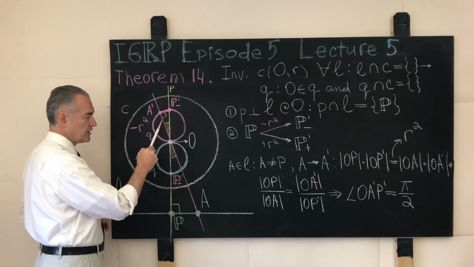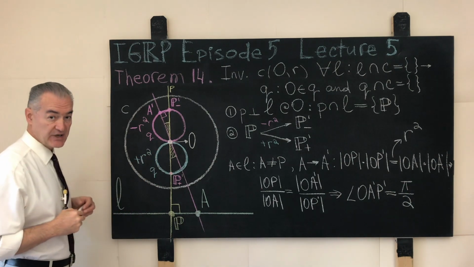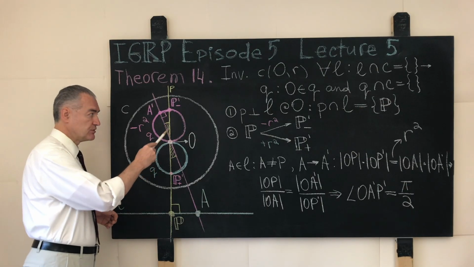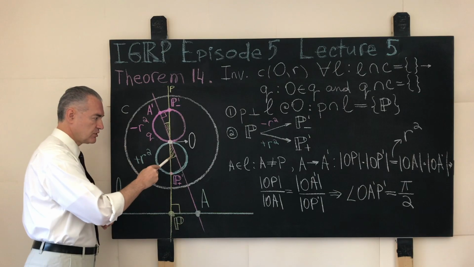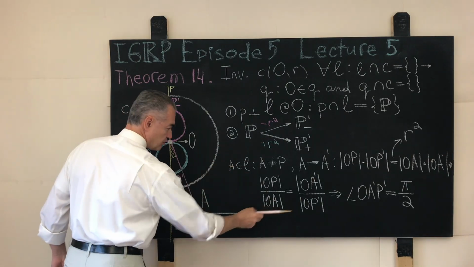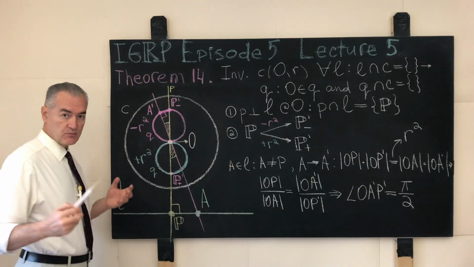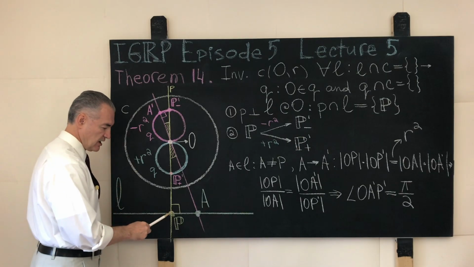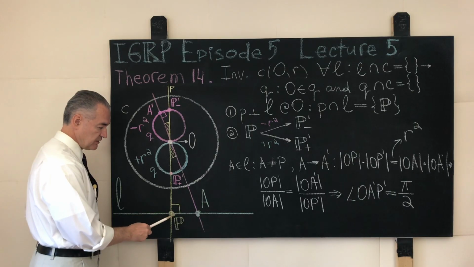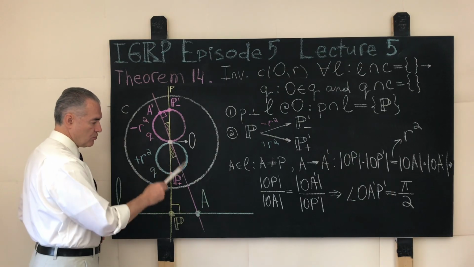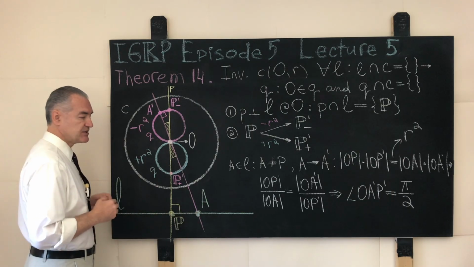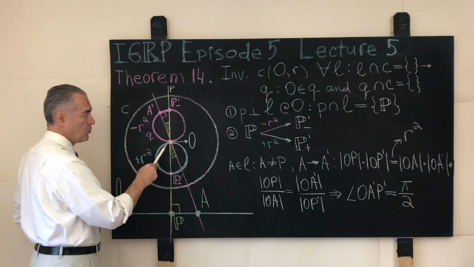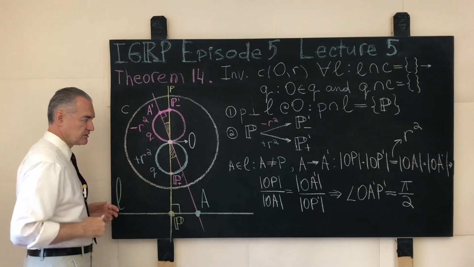So in these two triangles, the magnitudes of the interior angles at the point O will be the same one and the same because these angles are vertical. I did not write it down on the board, but technically when you make your own presentation and when you generate your proof, you will write down that the magnitude of the angle POA is the same as the magnitude of the angle P prime minus OA prime, because these angles are vertical.